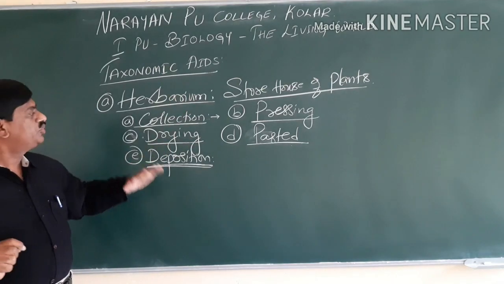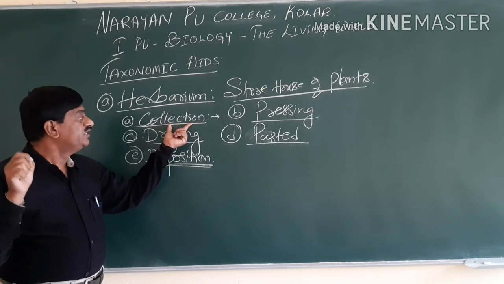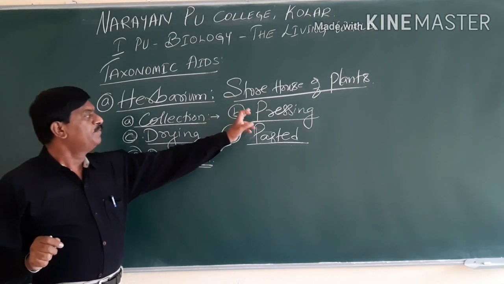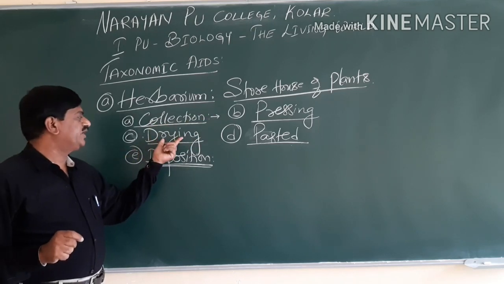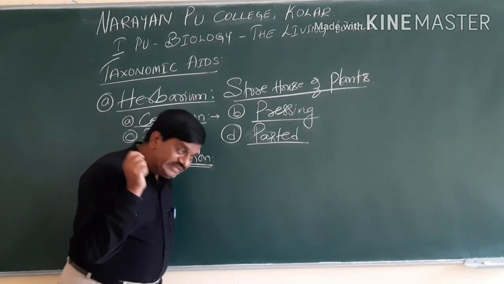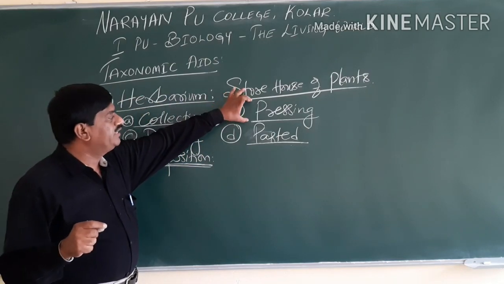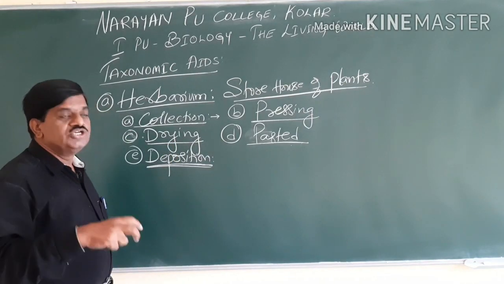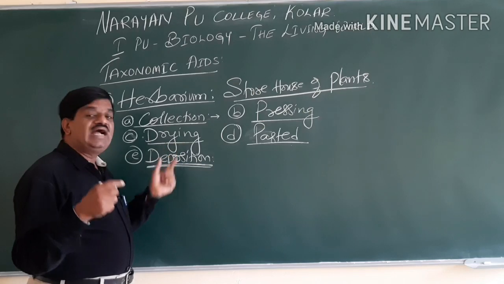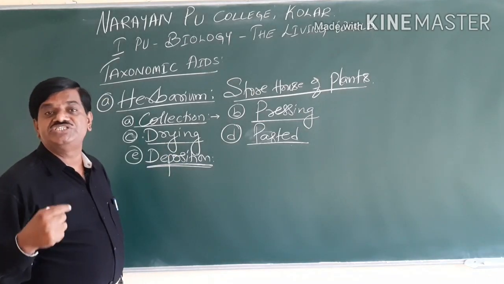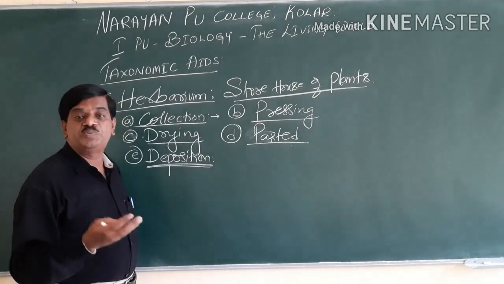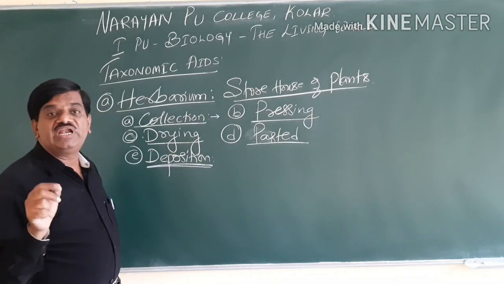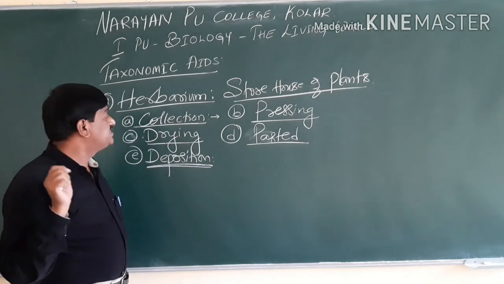I am going to repeat this. The very first one is that we collect a leafy twig. The second is that we spread the leafy twig and it is pressed. That is called pressing. Our next technique is drying. When drying, we keep the spread plant twig in newspapers so that the newspaper absorbs the moisture, and it should be changed daily. Because if we leave it under the newspaper as it is, it starts decaying, or white powdery structures appear on it.